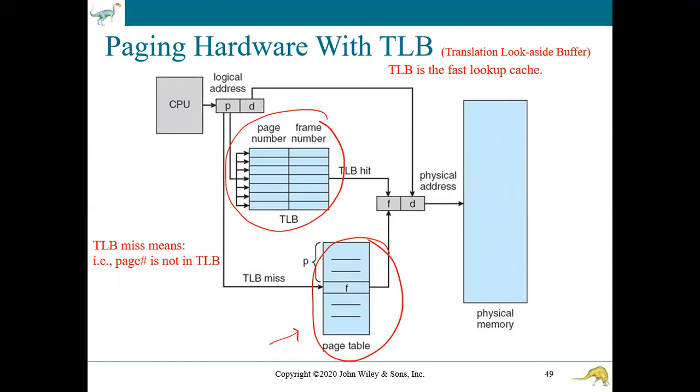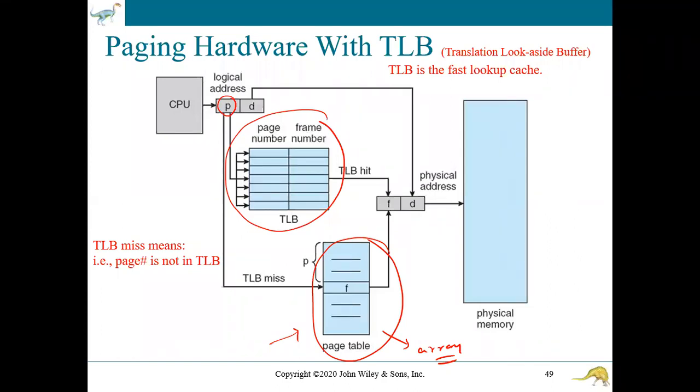No. Then how do you find the entry? The page number is the index. This is an array, right? In Java, did you study arrays? Yes. So basically the page table is an array of frame numbers.